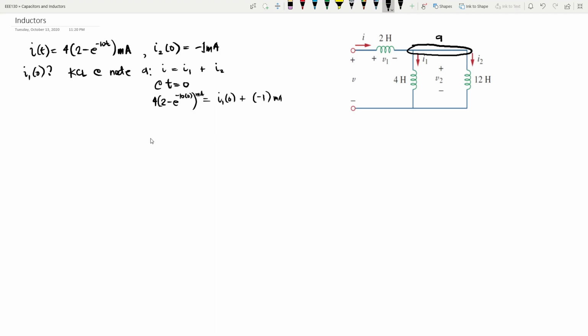I of 0 is just equivalent to, so we have 2 minus e to the 0, and e to the 0 is just equivalent to 1. So we have 4 milli equal to I1 of 0 minus 1 milli. So solving for I1 of 0, we have 5 milliamperes.